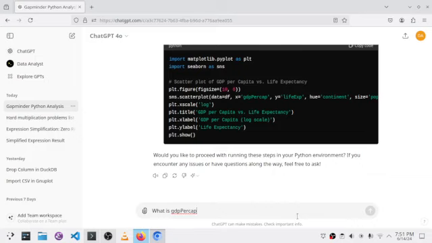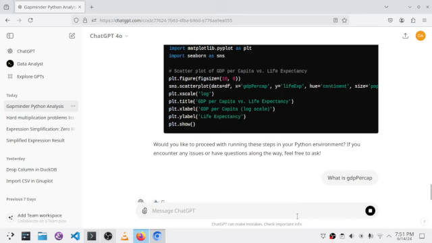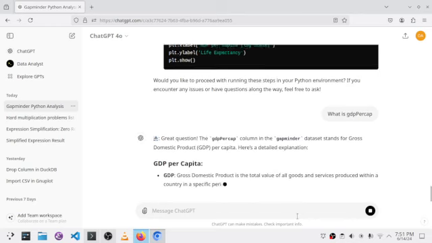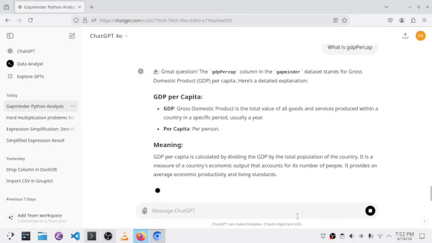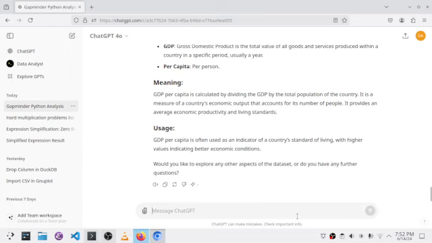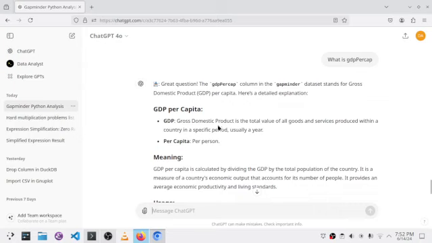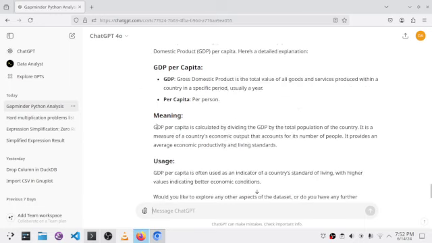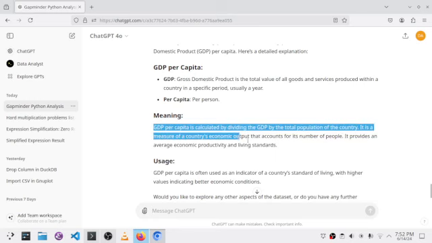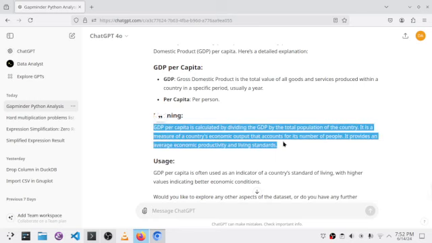GDP per capita, log scale. Gross domestic product is the total value of all goods and services produced within a country in a specific time, per person. So let's just add a little note up here.